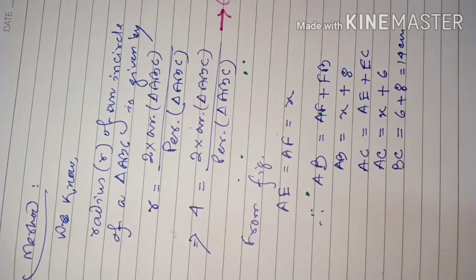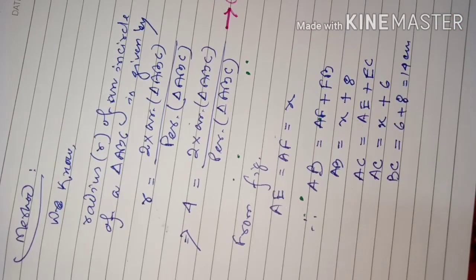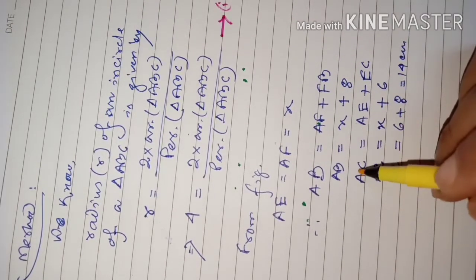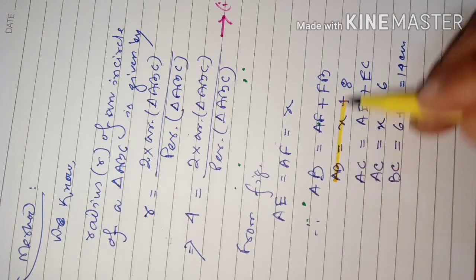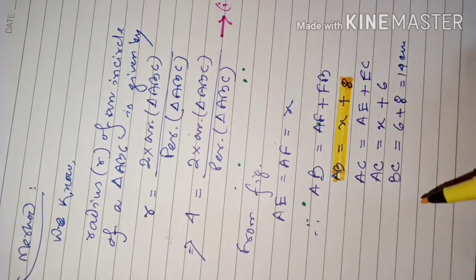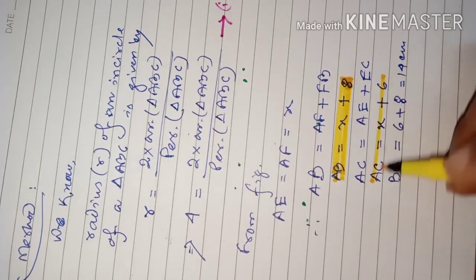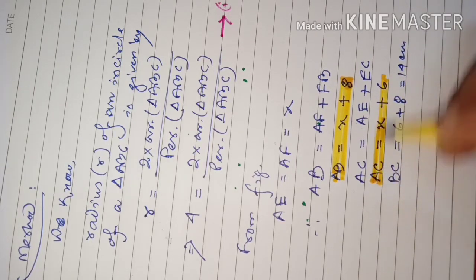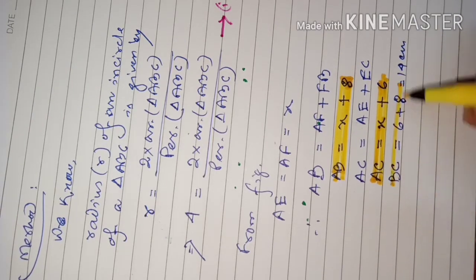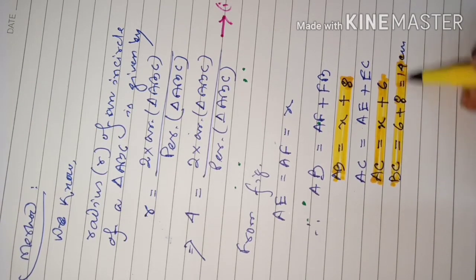Now see, these 3 parts we have. AB we have, x plus 8. AC we have, that is x plus 6. Okay, and we have BC also. BC is what? 14.